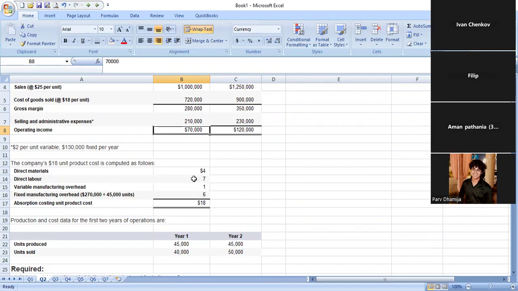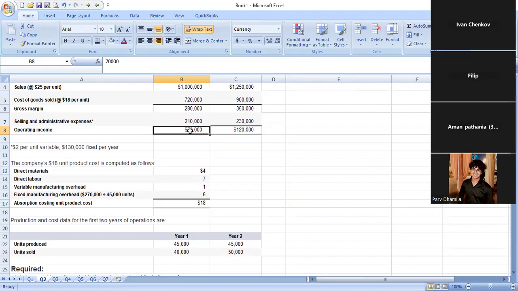What was the rule? Every time our production is more than the sales, absorption costing is going to give us higher operating income than the variable. With how much? With the portion of the fixed manufacturing overhead times the number of units left in the inventory. Production is more than sales by 5,000 units, correct? Times $6, 30,000.